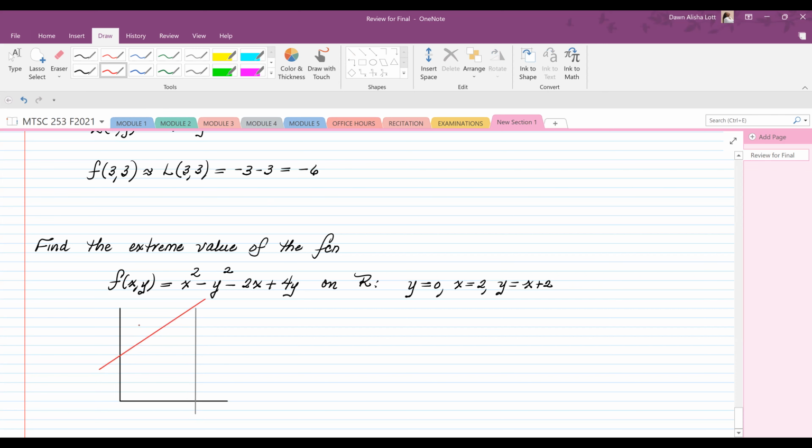This is y equals x plus 2, this is x equals 2, and this is y equals 0. Oh, I got to go all the way over. Excuse me.